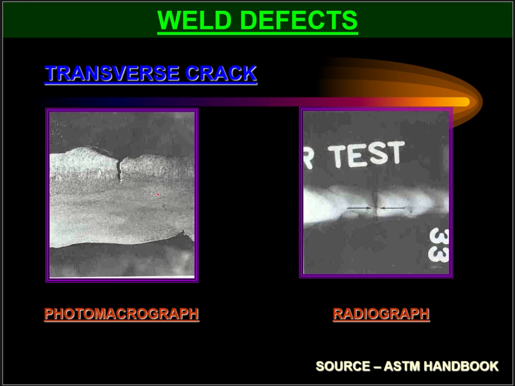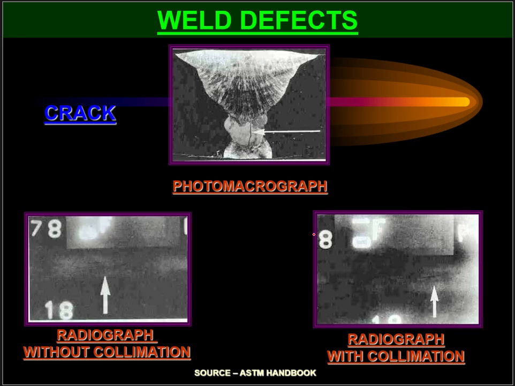This is the micro examination of transverse cracks. This is the welding area and this is the transverse crack. You can see this is the radiography image with the transverse crack, and this is the double V image in which you can see the cracks.